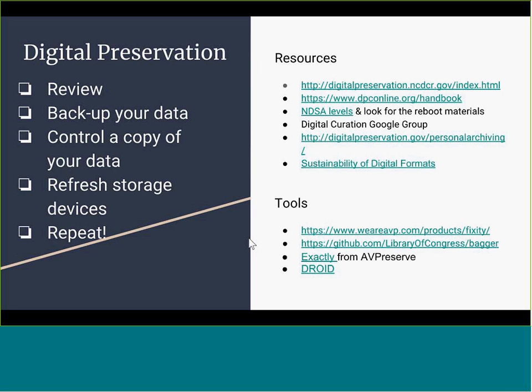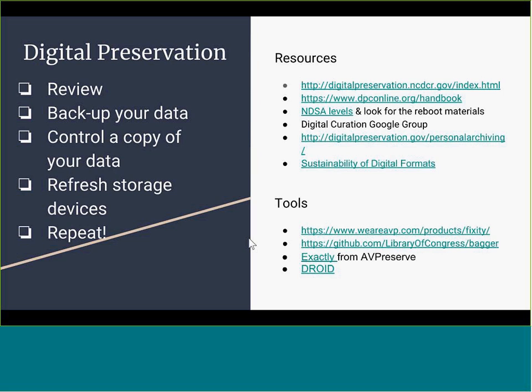What you would do with Bagger is point at the files in your designated preservation storage, and it would bag them up in a package, sort of like a zip file, if you've ever created a zip file, with checksums for everything inside of that package. Then over time you can use the Bagger tool to validate the files, and it'll let you know if anything has gone awry with those files.